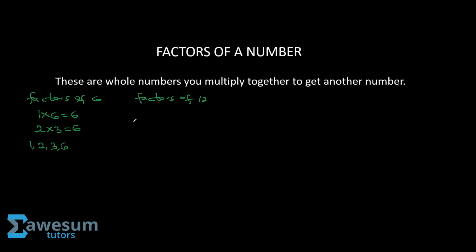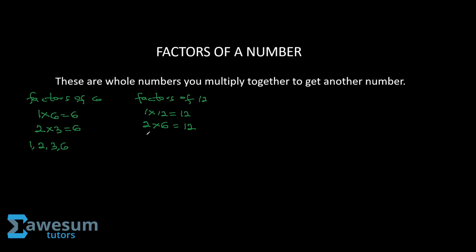Like I said, I usually like to start with 1 and the number itself. So for factors of 12, I will begin by saying 1 times 12, which is 12, right? And work your way up. What about 2? 2 times what will give you 12? 2 times 6 gives you 12, right?